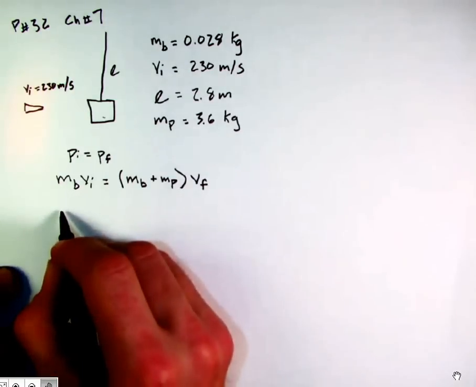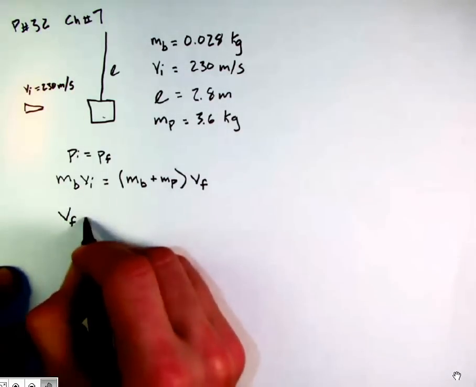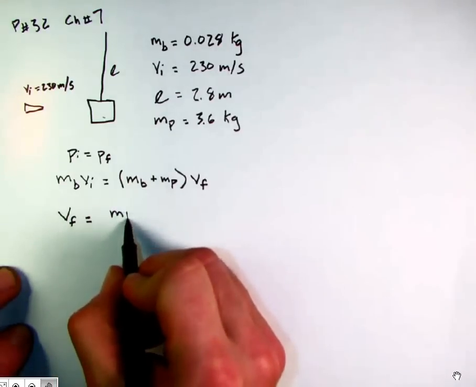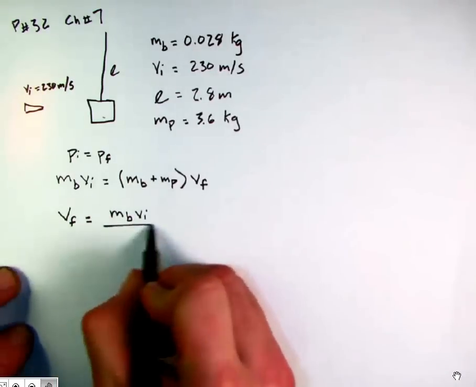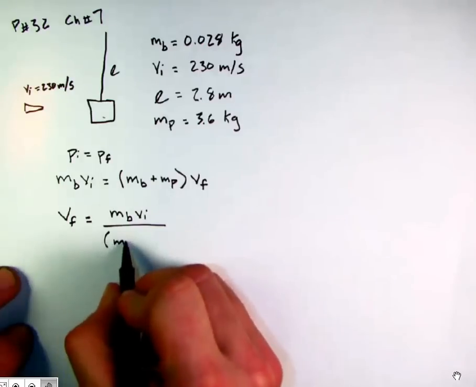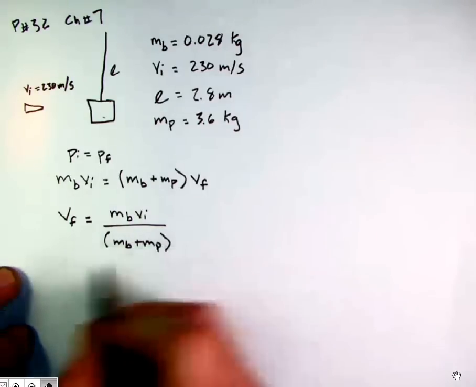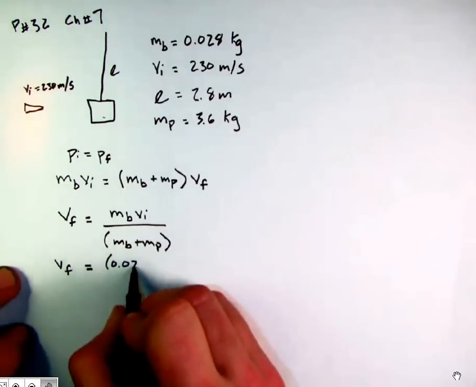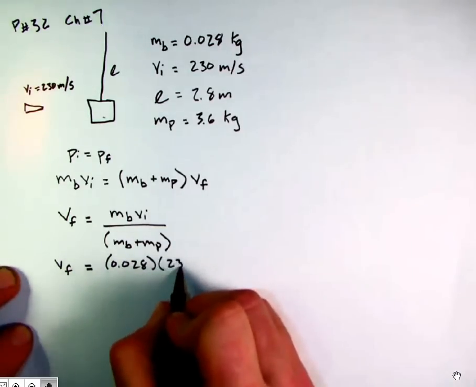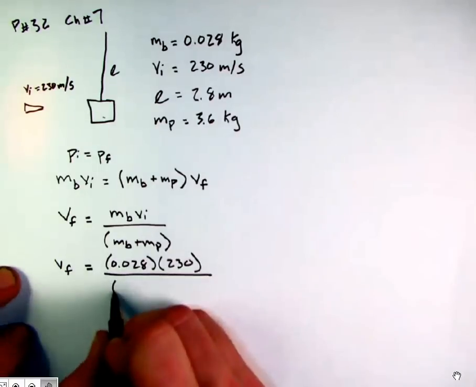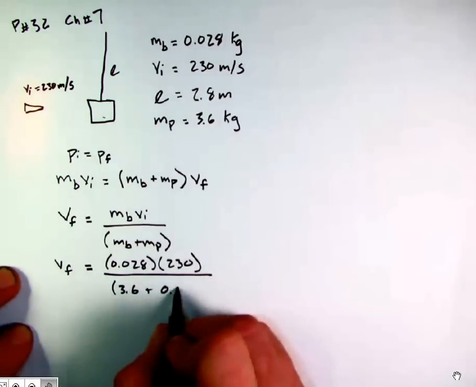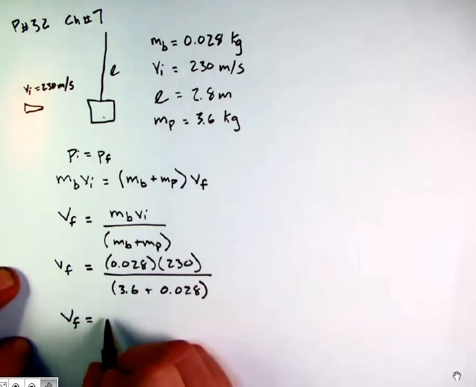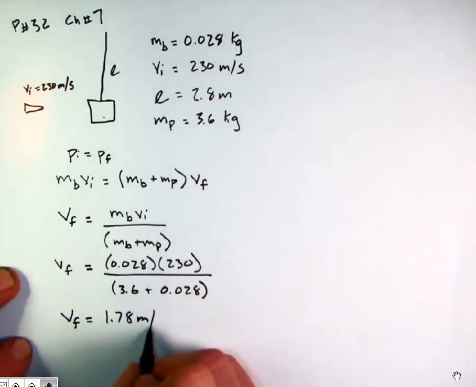If we do a little algebra and rearranging, we would find that the final speed would be equal to this. Plugging in some numbers, we get that the final speed here is 1.78 meters per second.